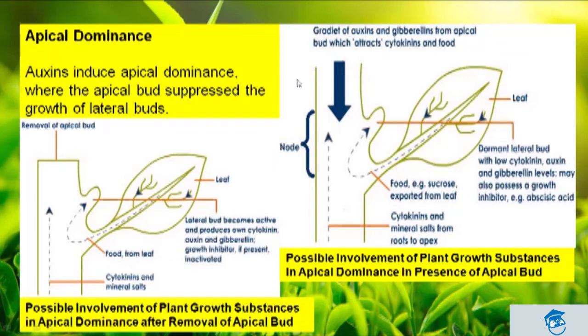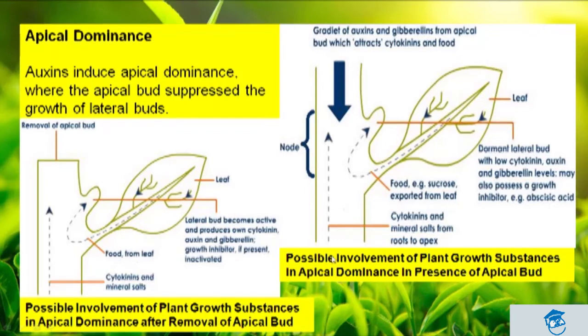And this is the possible involvement of a plant growth substance in apical dominance in presence of the apical bud. See, here apical bud is present and lateral bud is also present. So there is a gradient of auxin and gibberellin from the apical bud, which attracts cytokinin and food. Cytokinin is a plant hormone that is responsible for cell growth or cell division. So here food, cytokinin and mineral salts move from the root to the apex.